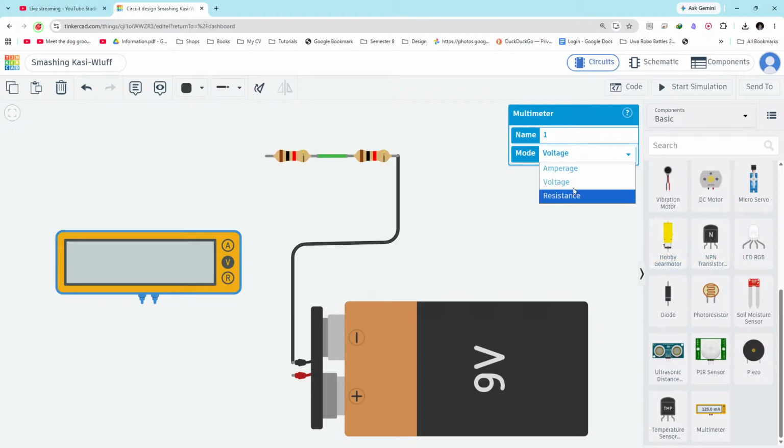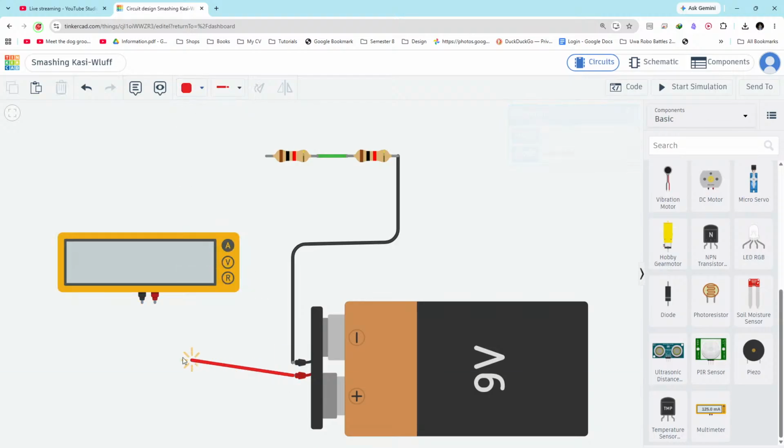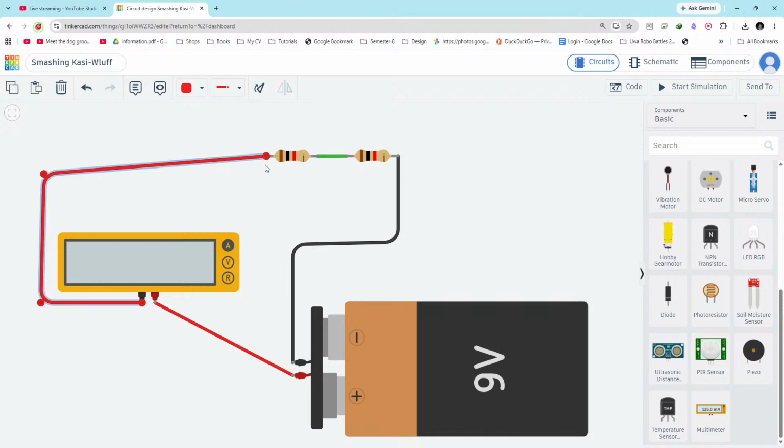So we have to change this to amperage, right, to make sure that it is an ammeter which is capable of measuring current. So current leaving the battery is supplied to the ammeter like this, and that same current will leave this device, like it will go through this device, right?